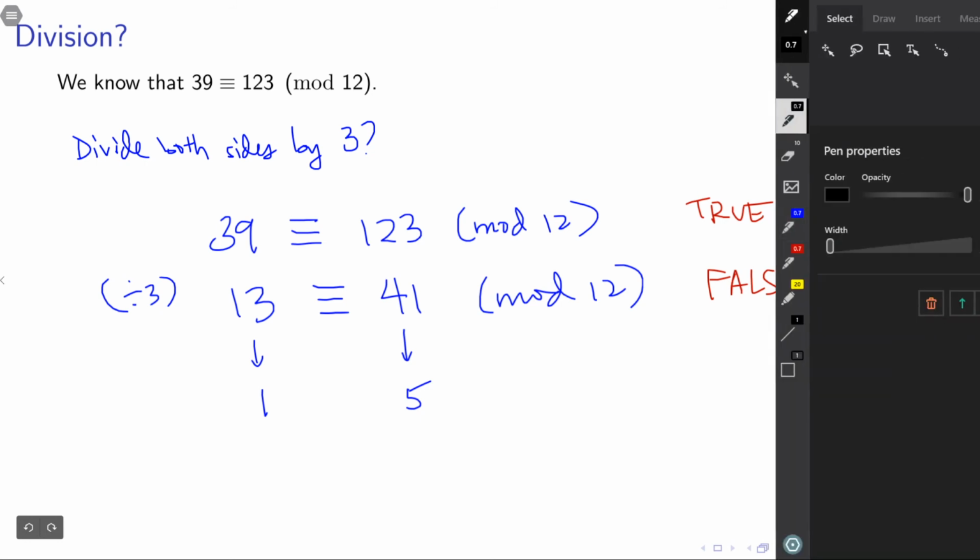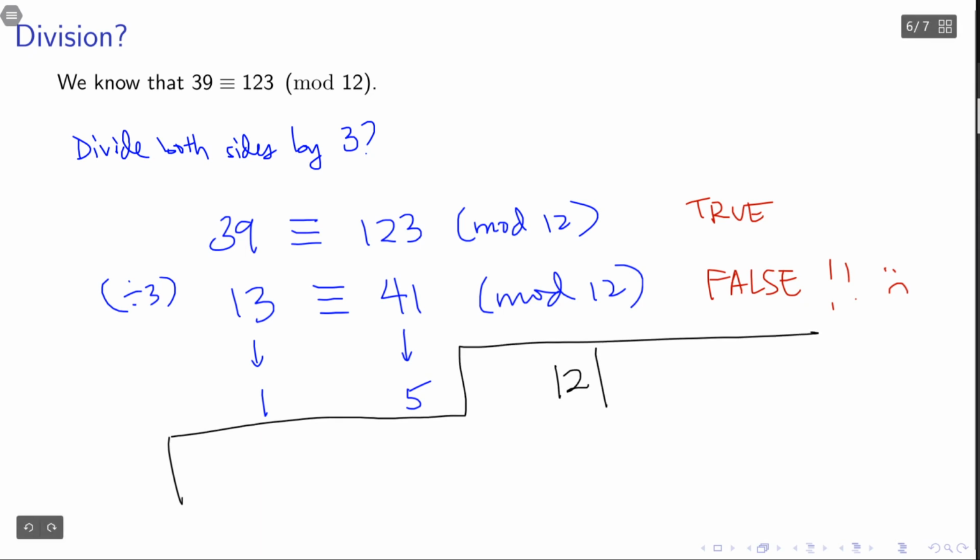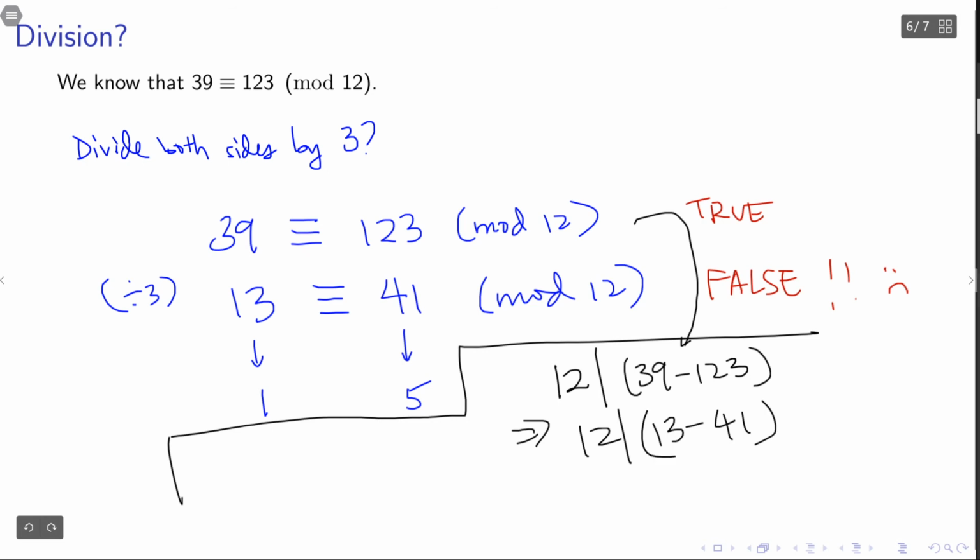Hopefully you tried figuring it out, but I'll show you using the definition of congruence that 12 dividing 39 minus 123, coming from the first congruence, does not necessarily imply that 12 divides 13 minus 41. Because what happened was, I've divided the right side of this expression by 3.